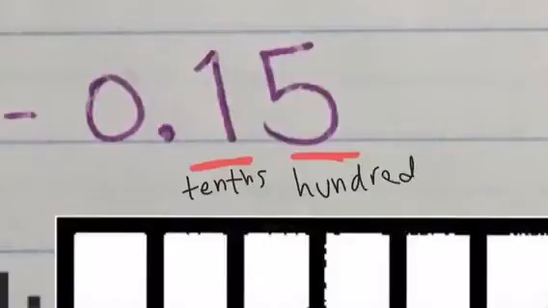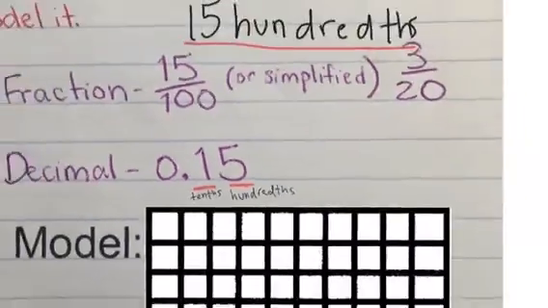So it'd be pretty easy to turn 15 over 100 into 15 hundredths as a decimal, because you know what these place values are called. So we can easily write it as a decimal, 0.15, because this is 15 hundredths.